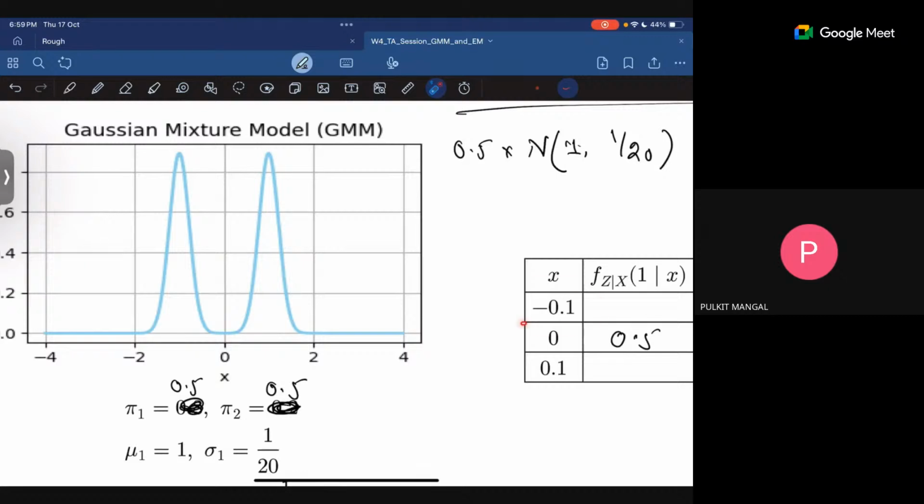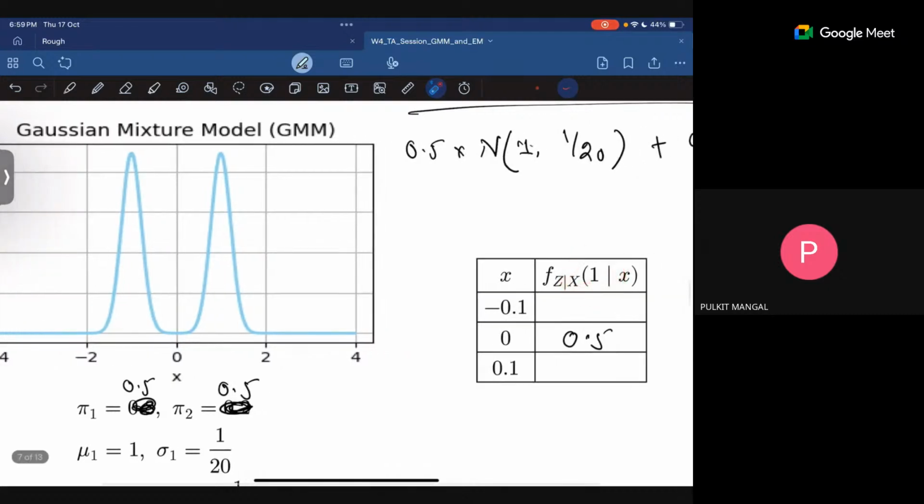So that's why the probability that this negative 0.1 would come from cluster 1 would be higher than that of the positive. And once you try calculating this value, you will get approximately 0.9 or something, and it is very less.